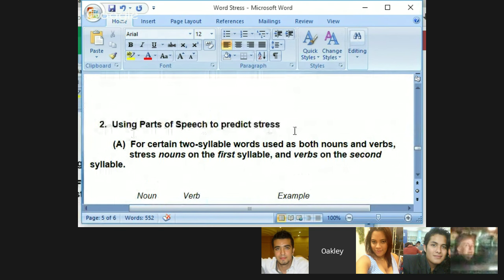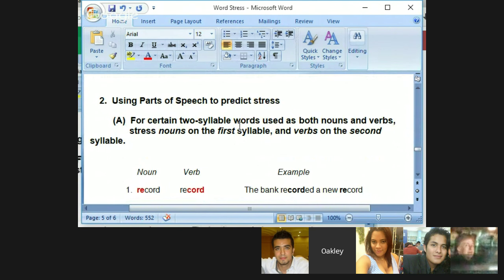One other thing, okay, we've got a few minutes, so another useful thing to know that has less to do with root words and more to do with word forms, nouns and verbs. There are a lot of these in English, two-syllable words which can be nouns or verbs.